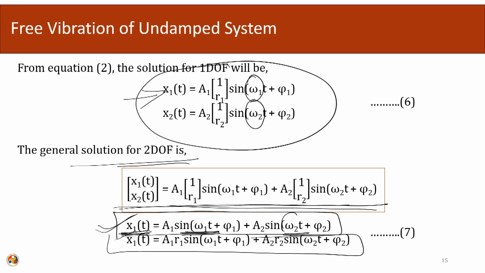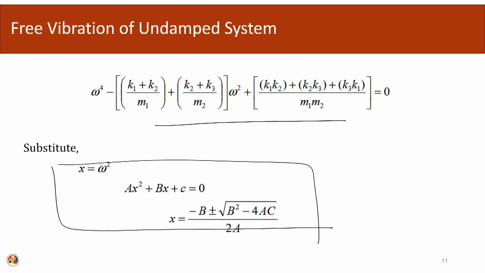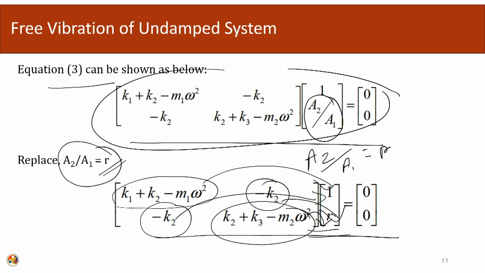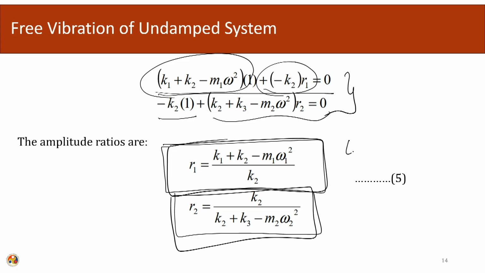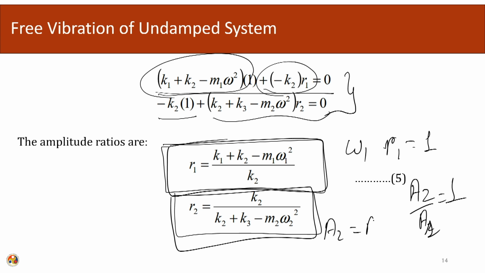So, r1 was nothing but the ratio of my amplitudes. So, this was my r and this was my equation for my r1 and r2. So, for omega 1 we have calculated our r1. For omega 1, r1 equals 1, it means that the value of a2 over a1 equals 1. It means that a2 equals a1.